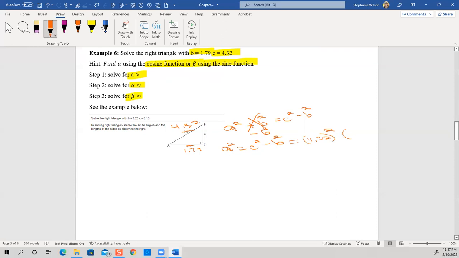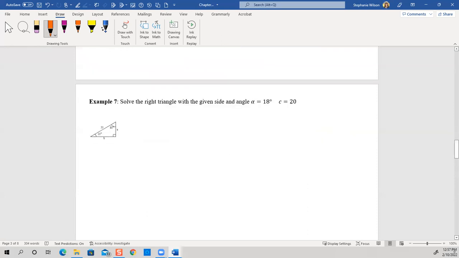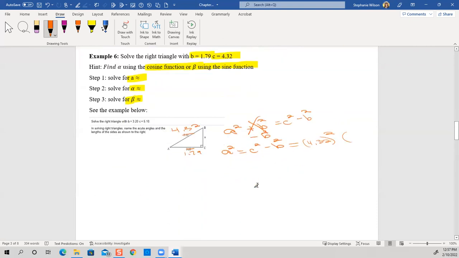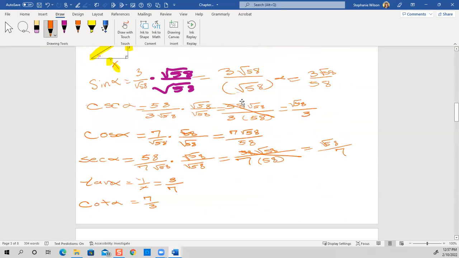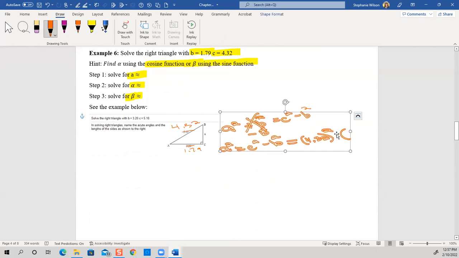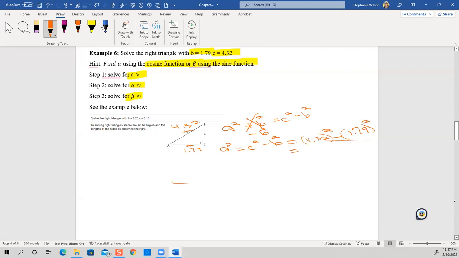We're going to minus, oops, my mouse is not acting right today. Sorry, guys. Please bear with me to figure out what's going on. Okay, minus the 1.79 squared. Sorry about that. I have to get a new pen.